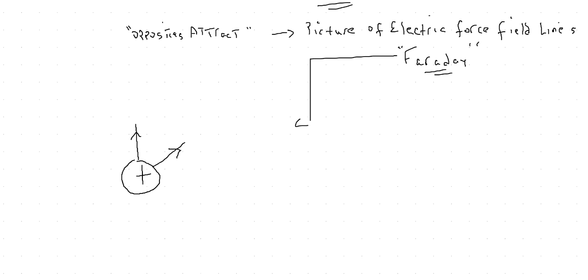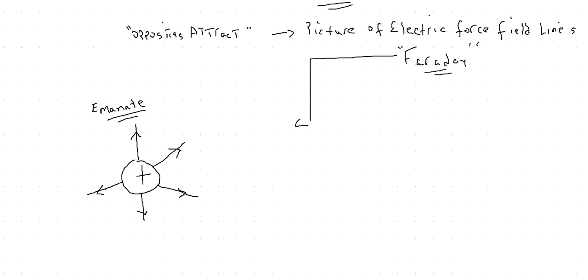Notice the arrows come out. When things come out of something, and this is good vocabulary, we say they emanate. To emanate is to come out of. So these electric field lines, the electric force, comes out of a plus charge.